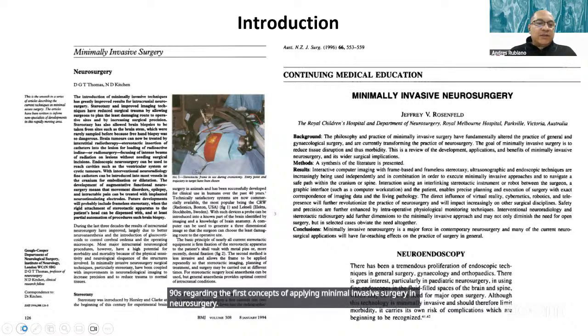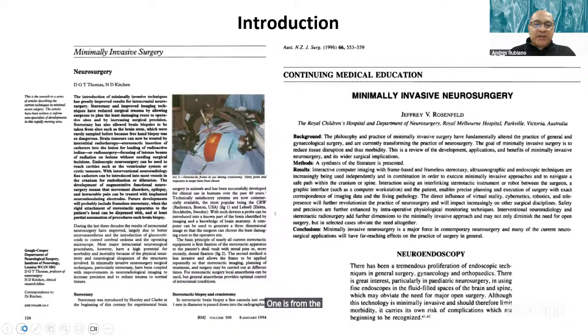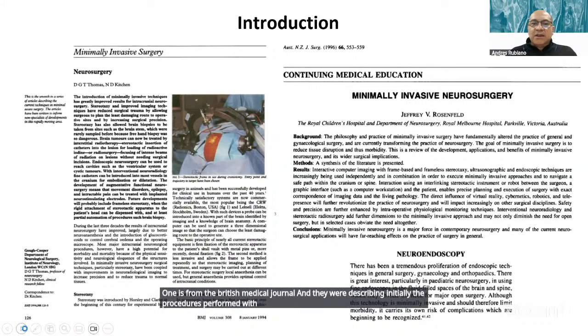One is from the British Medical Journal, describing initially the procedures performed with stereotactic systems, and also how at that time, especially biopsies and craniotomies were starting to be performed following these systems.